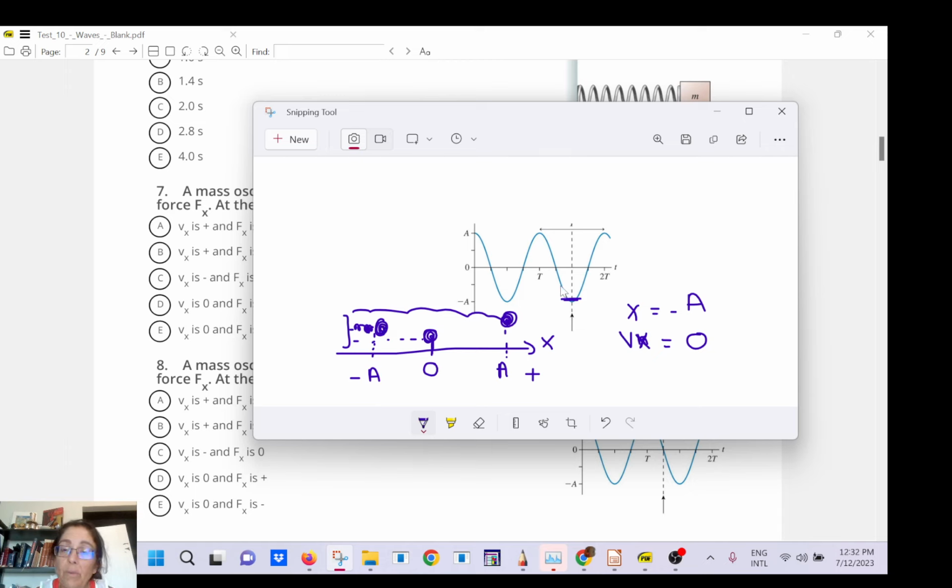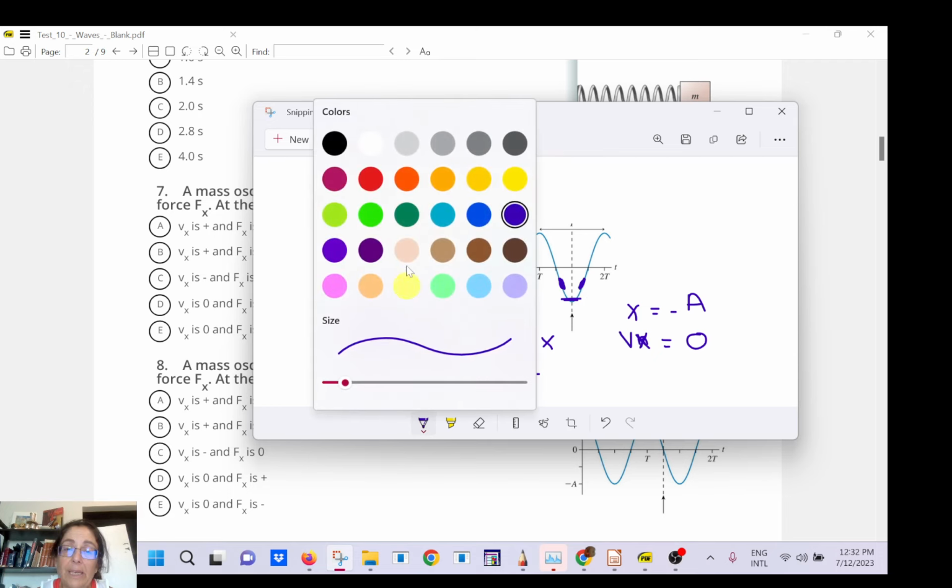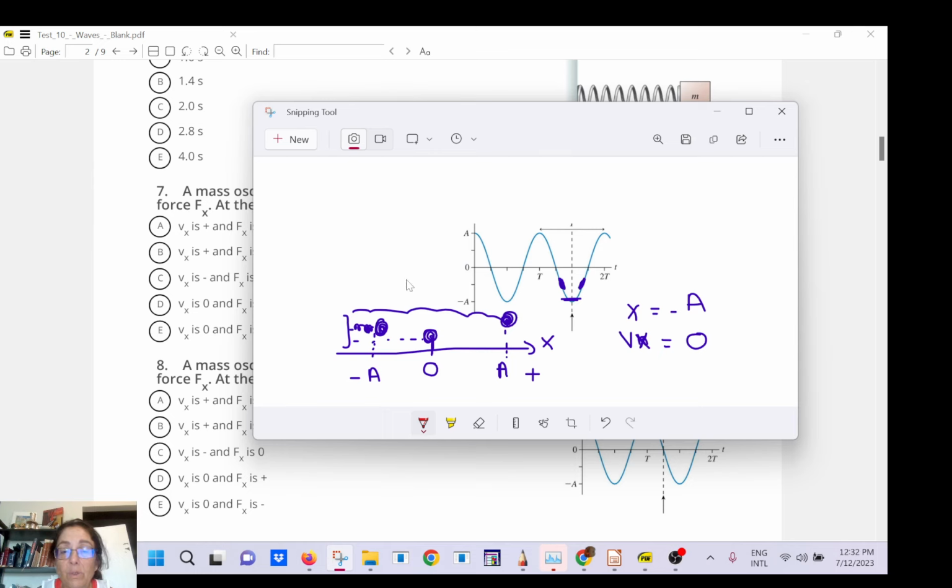So it went from negative velocity to positive velocity. So it was just going this way in that direction. That will be the motion, and then it reverses, and then it's about to go in this direction. So it's on its way to reverse the motion.